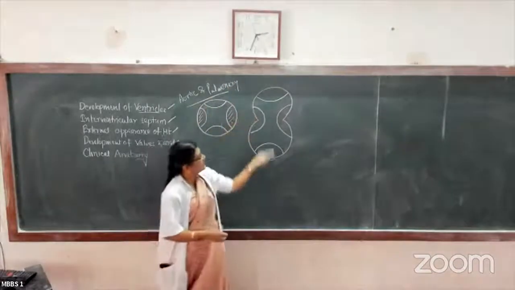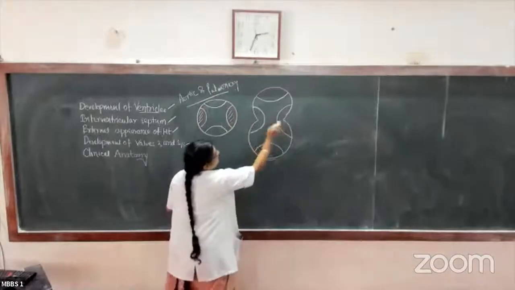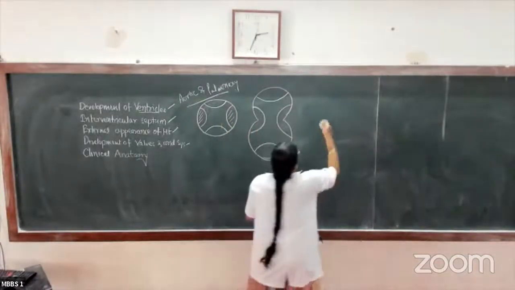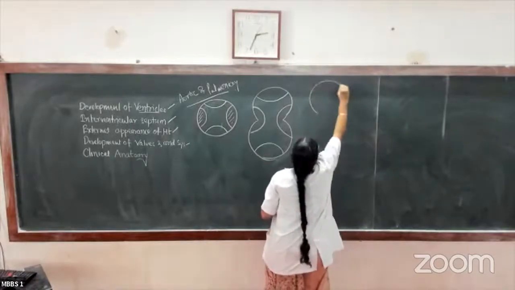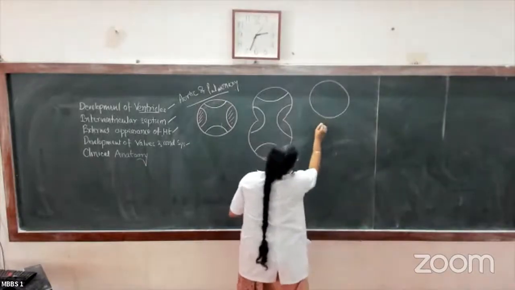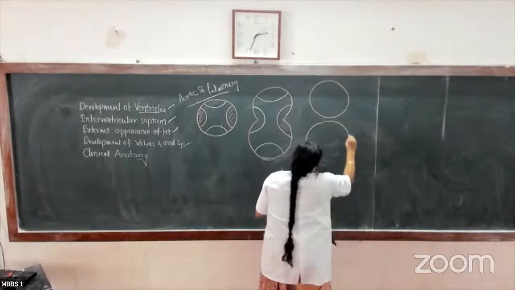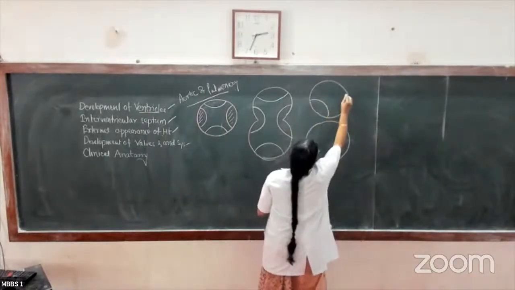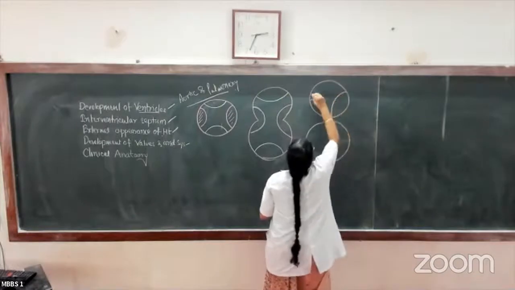So it is divided into two parts. As this constriction deepens, two separate orifices with cusps are formed. This is one and this one is another. Now here you get these three cusps like this.